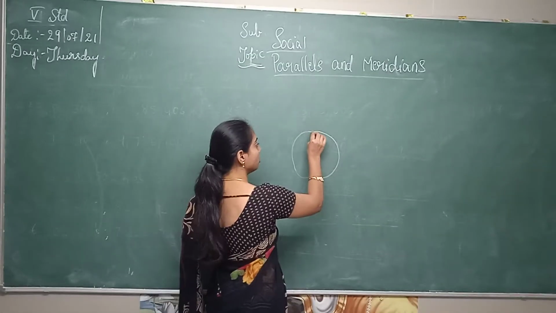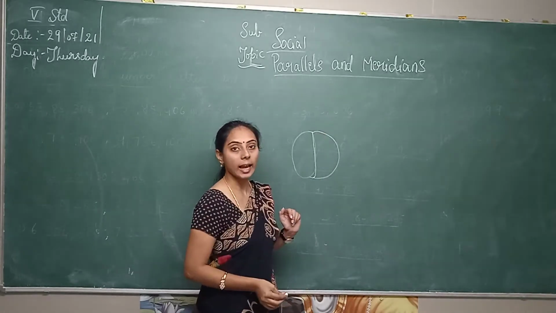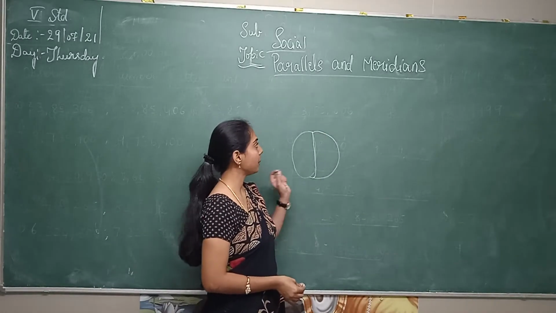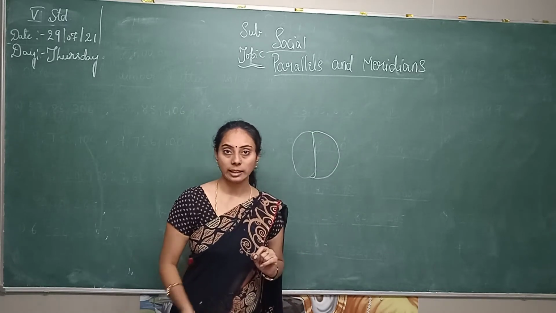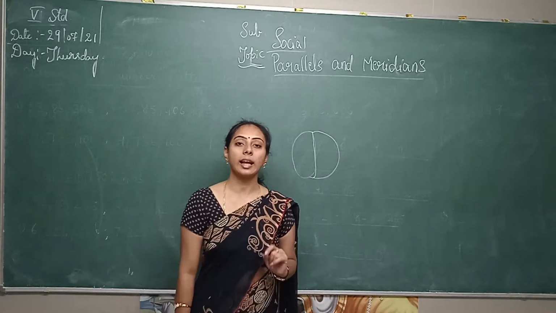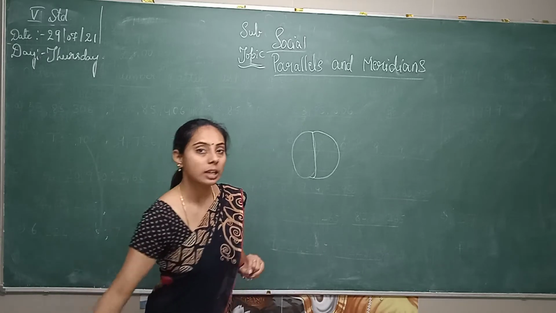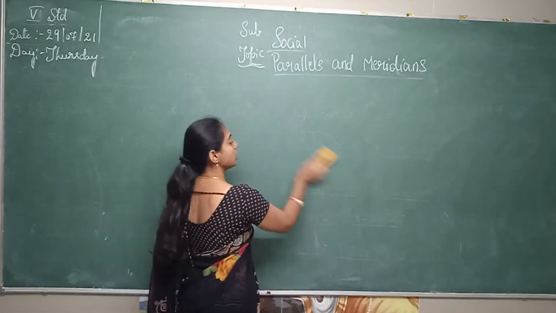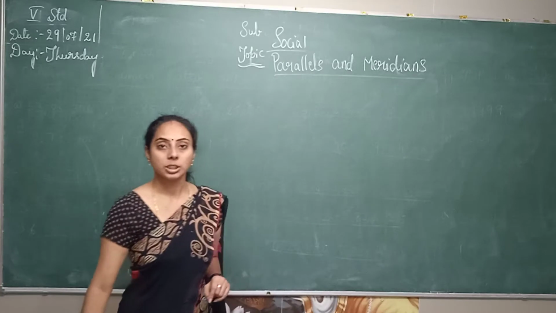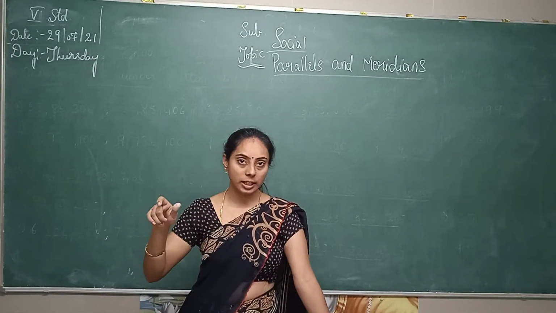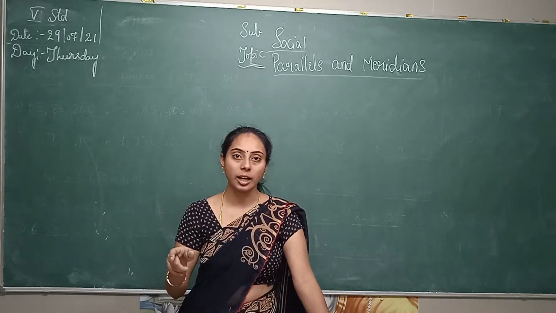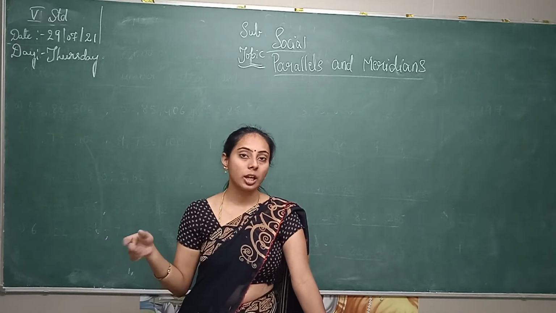The starting line, the beginning meridian line, is the Greenwich meridian line. The Greenwich meridian line is the 0 degree line, which is located in London in the UK.